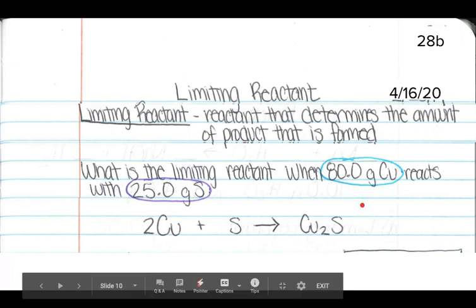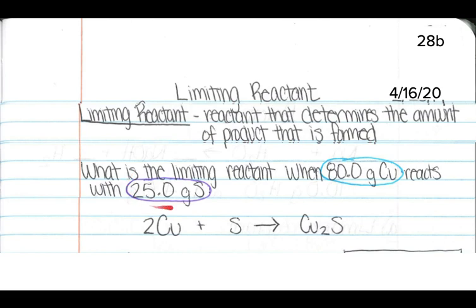What pieces of information do I need? I've circled right here that I'm starting with 80 grams of copper, and right here that I'm starting with 25 grams of sulfur. Once again, we have to remember that comparing grams of one substance to grams of another is a lot like comparing apples and oranges. Each has a different molar mass, so we have no idea how many atoms or molecules we're dealing with if we're basing our measurement off weight.